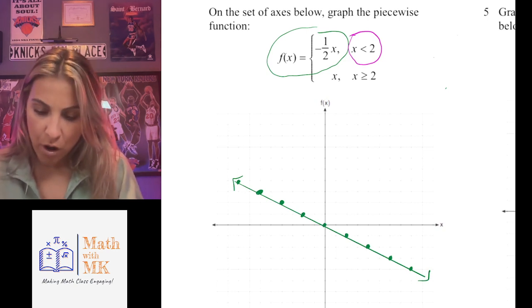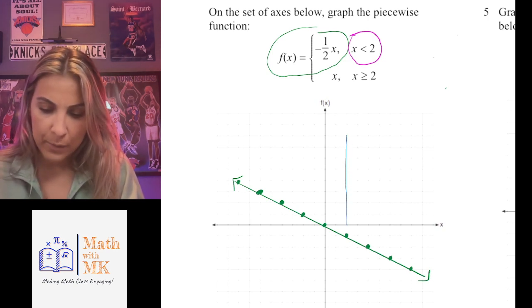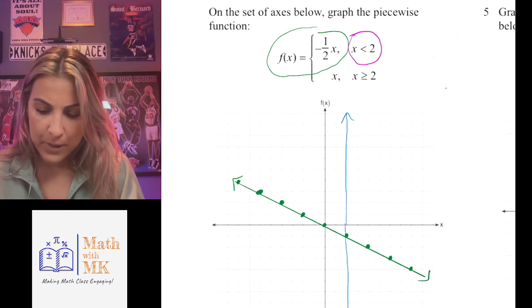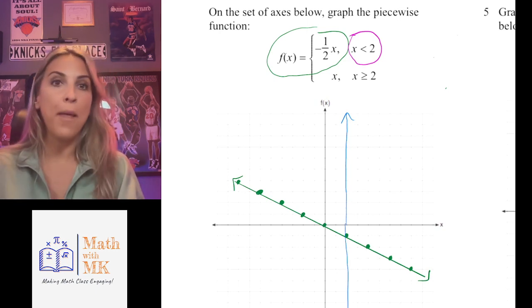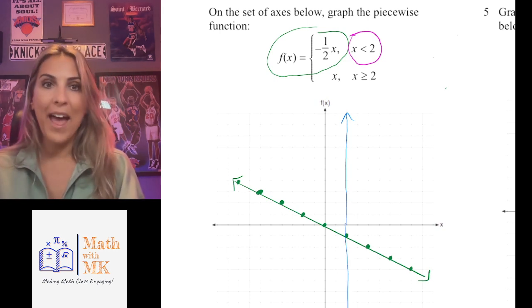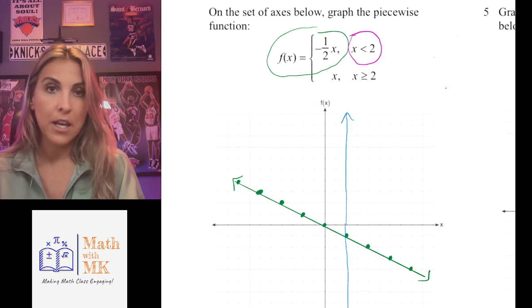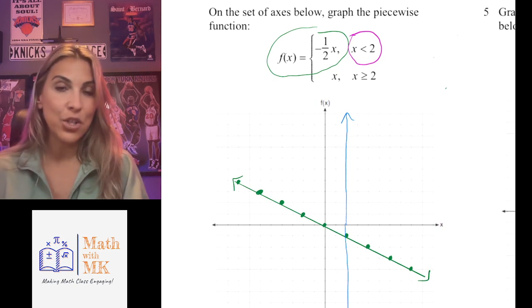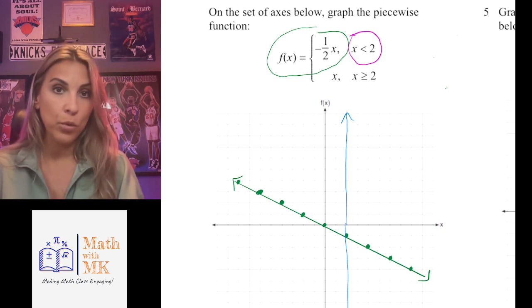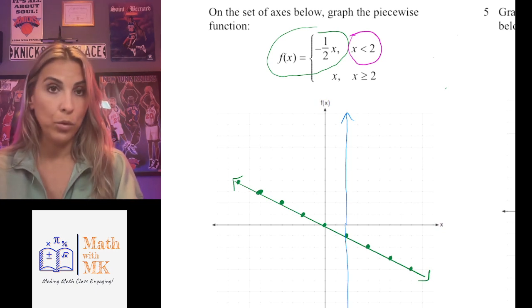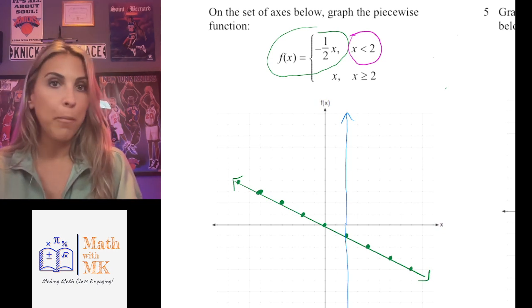So I'm going to draw a vertical line represented by the equation x equals 2. On that blue line I just drew, all the x values are 2. They want us to draw negative 1/2 x only when the x values are less than 2, meaning to the left of that blue line, because to the right of it, all of my x values are more than 2.